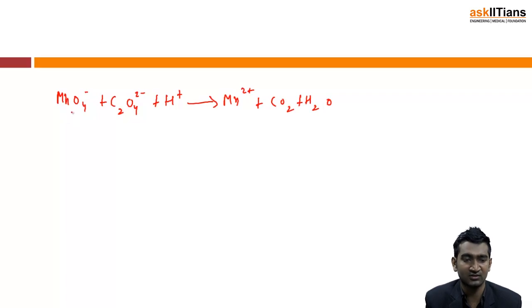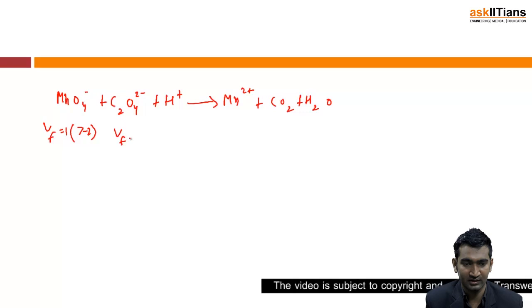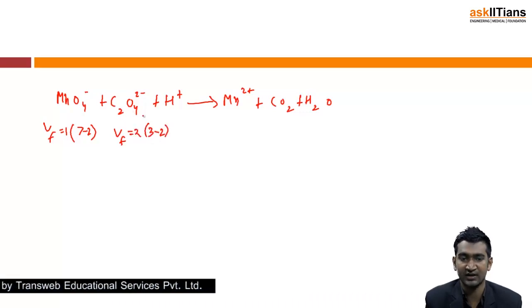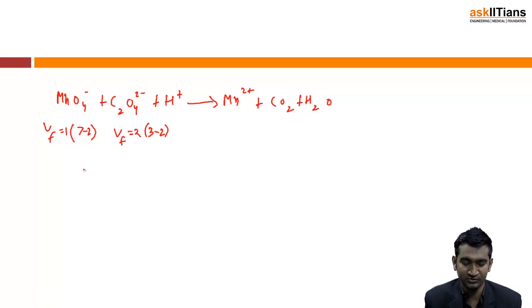Now you just check here that Mn is changing from 7 to 2, right? So what will be the change here? My Vf will be equal to 1 times the charge change, 7 minus 2, and for the other, Vf will be equal to 2 times 3 minus 2, because here it's 3 and here it should be 2. If you check the corresponding stoichiometric coefficients, they will be exchanged, so the coefficient of C2O4 will be 5 and this one will be 2, right?